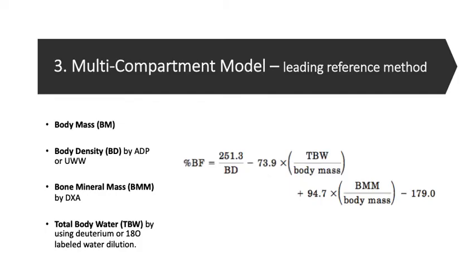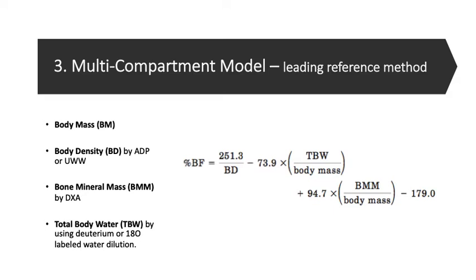Now let's discuss the multi-compartment model, which is the 4C method, where we're splitting the body into 4 compartments. This is known as the leading reference method for body composition because we have the most compartments that we're splitting the body into. This requires a combination of measurements. Firstly, we need to determine the body mass of the individual by using a validated scale.